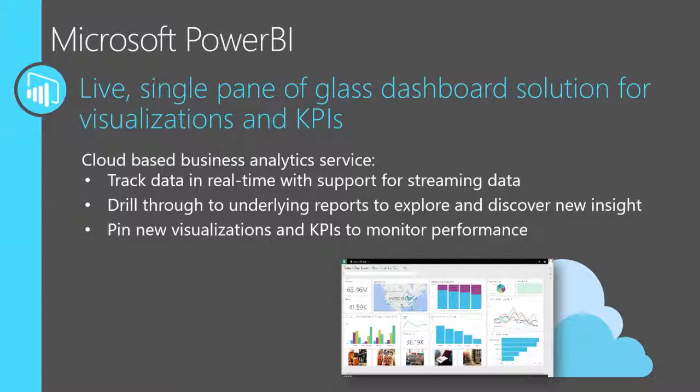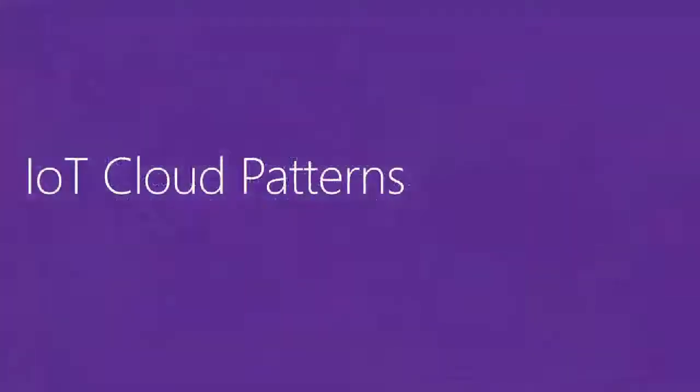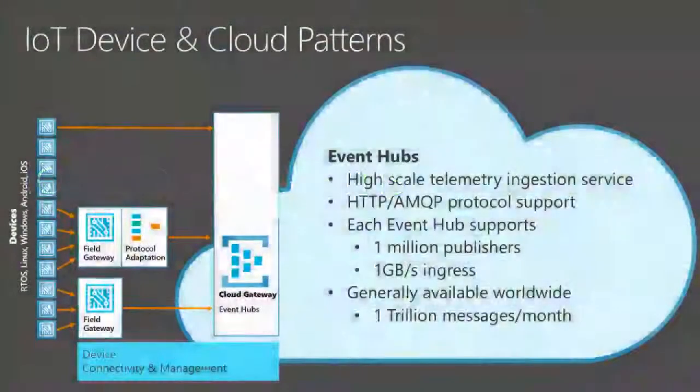It's more often part of Office 365, but certainly something to help track data in real time, especially with support for streaming data. Power BI. Those, to me, are some of the core technologies that architects need to know to deliver modern business solutions. Okay? Let me talk really quick about some patterns.